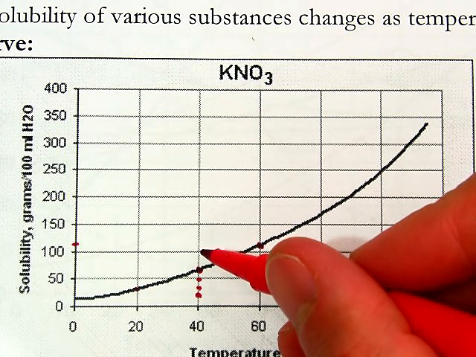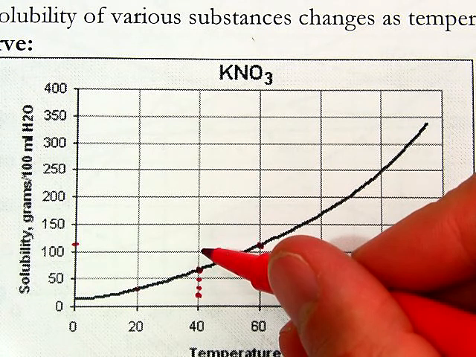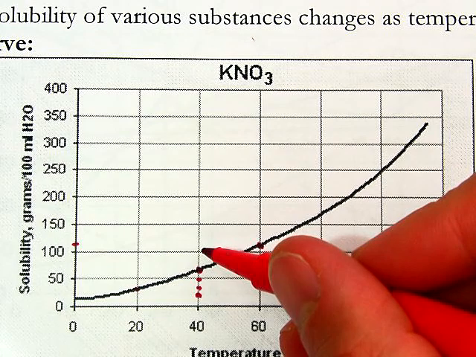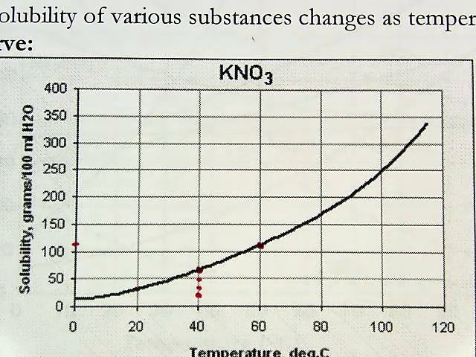Now, this is kind of an unstable setup, and as soon as it's given the opportunity to, some of the solute will crystallize back out of solution. So you really just need to provide what's called a seeding point or a crystal point.